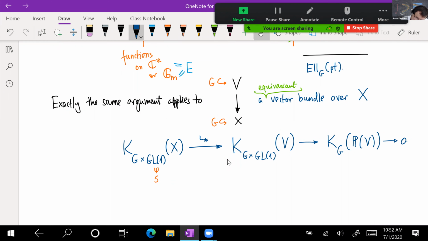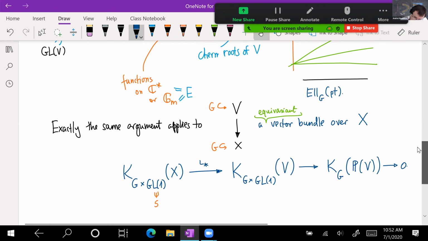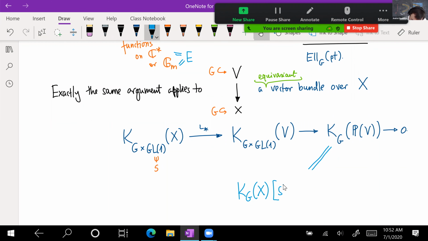So the conclusion is this. You take the K theory of X, you add one more variable S, and you modify it by the relation that the product of 1 minus S times VI equals 0, where these are the Chern roots.